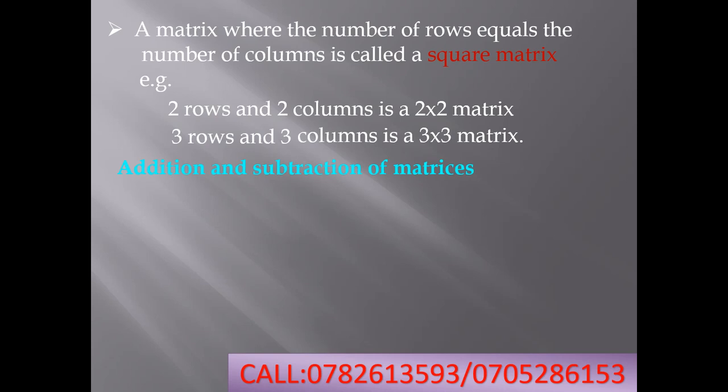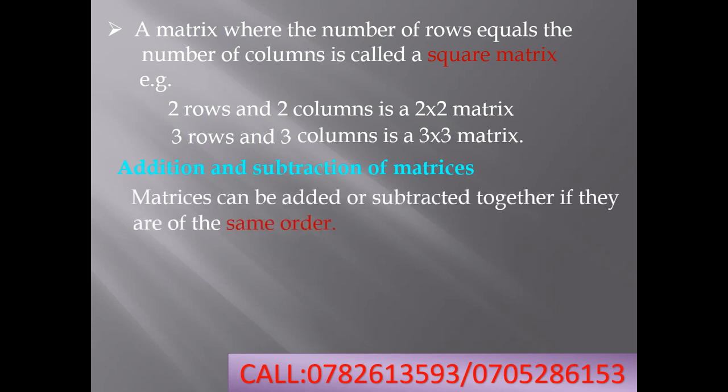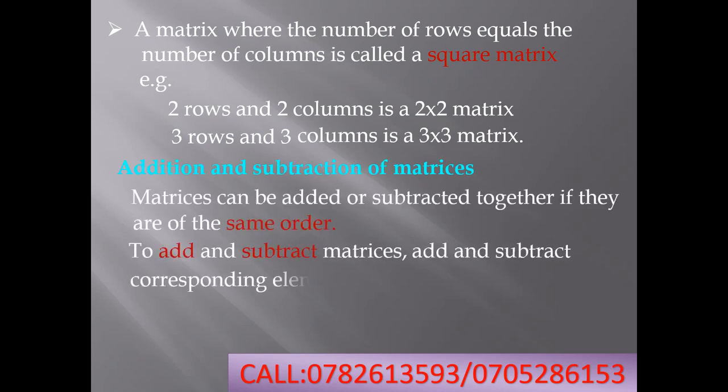So I can add or subtract matrices if and only if they are of the same order, meaning that they must have the same number of rows and the same number of columns. To add or subtract matrices, we add and subtract corresponding elements, as we can see in our first example.